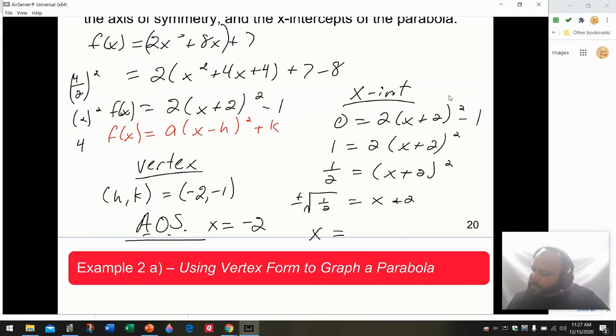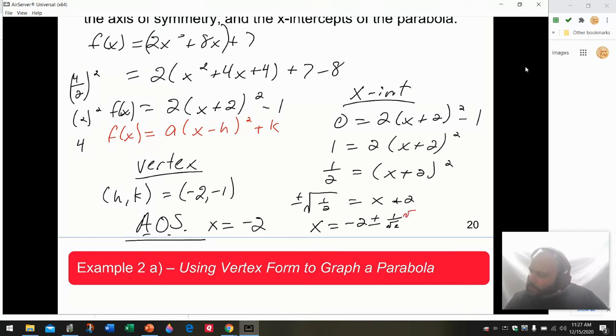So I'm going to have x equals -2 plus or minus, actually I'm going to back this up just a little bit because I'm going to need one more line. x equals -2 plus or minus the square root of 1 is 1, and that would be over the square root of 2. Now, we can't leave it like that. And the reason why we can't leave it like that is the bottom needs to be rationalized.